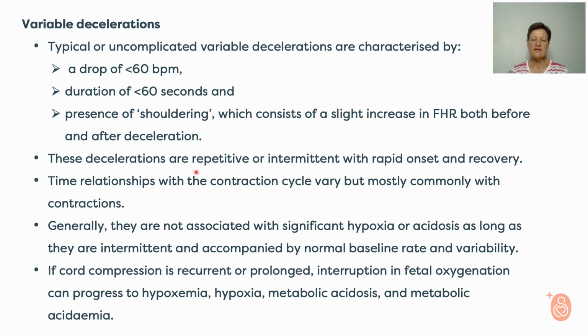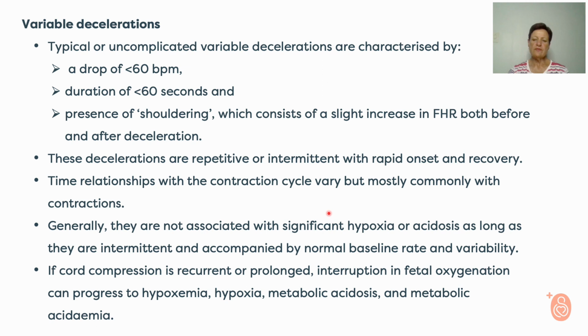These decelerations are repetitive and intermittent. Sometimes they keep on with each and every contraction. Sometimes they're intermittent with contractions, and they usually have a rapid onset and recovery. They are these typical short, sharp decelerations. As we've said, they vary in their relationship with the contraction. Sometimes they come with contractions and sometimes they come on their own between contractions, but they most commonly come with contractions.